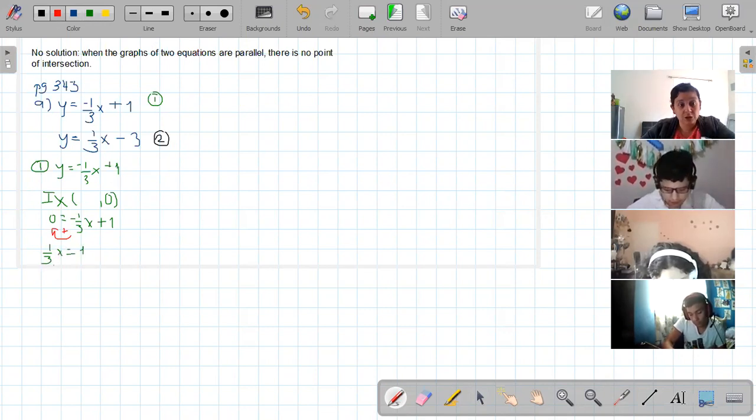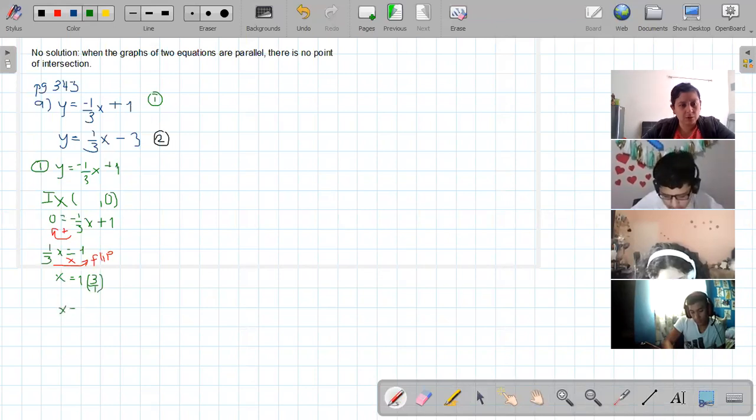Now, this is a fraction that's multiplying, and this is the only case where I don't use an inverse operation. I continue to multiply, and I flip. Remember that. When it is a fraction multiplying, you continue to multiply, but you flip. So x is equal to 1 times, instead of 1/3, 3/1.